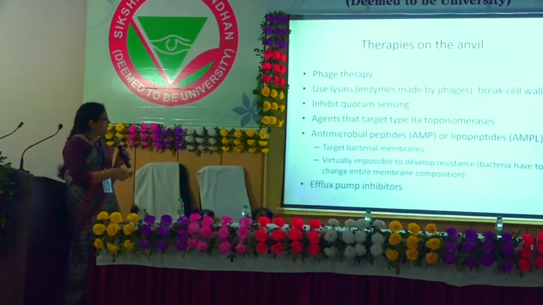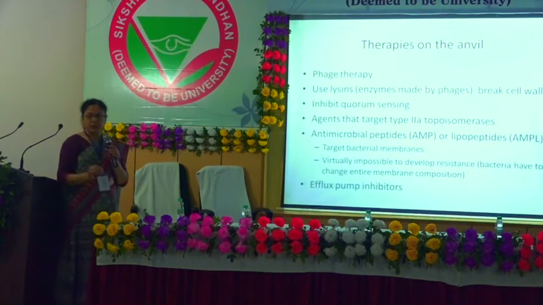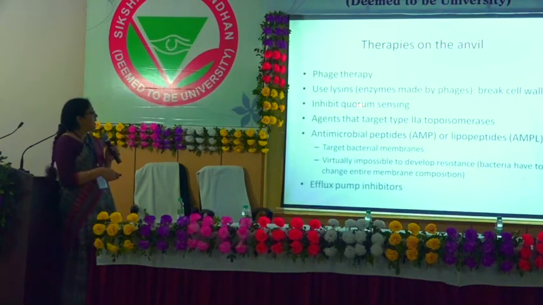Using enzymes, lysins, which break cell wall. We know that bacteriophages, when they infect the bacteria, they break the cell wall. So they use lysins. So harness those lysins and try to use them. Inhibit quorum sensing, we'll see that.